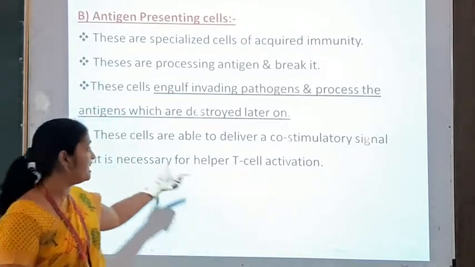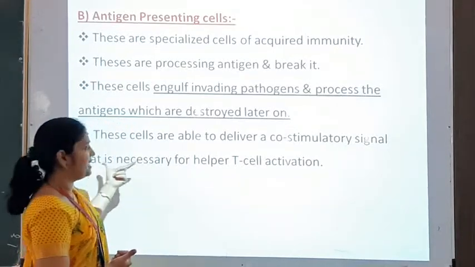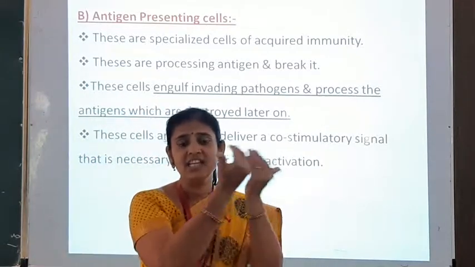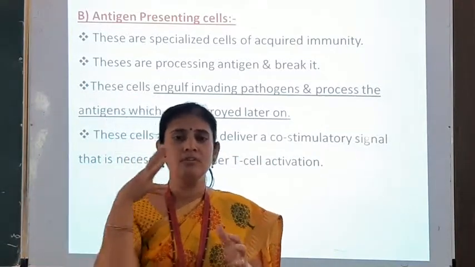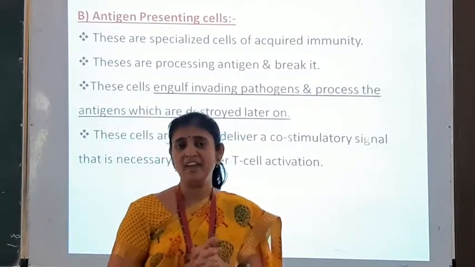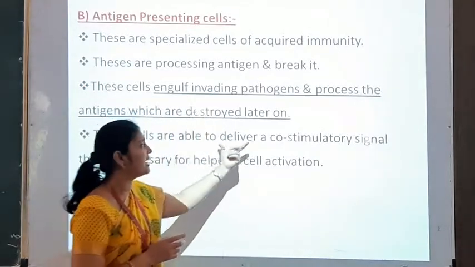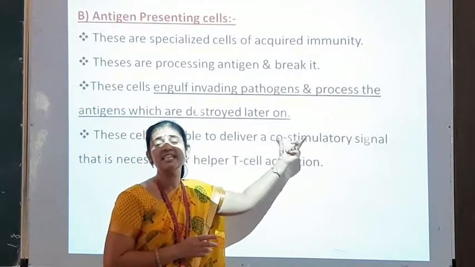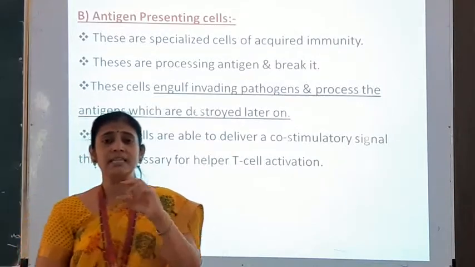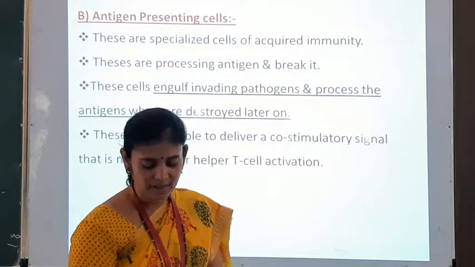Suppose when antigen is coming inside our body, to fight against that antigen, helper T cell activation is very important, and for that, these antigen presenting cells are sending a co-stimulatory signal, and therefore these antigen presenting cells are very much responsible for our acquired immunity.